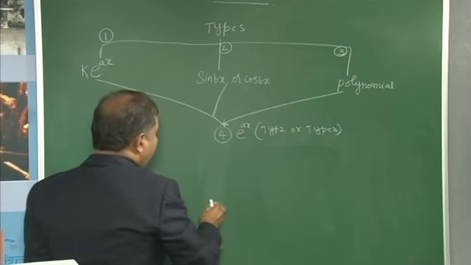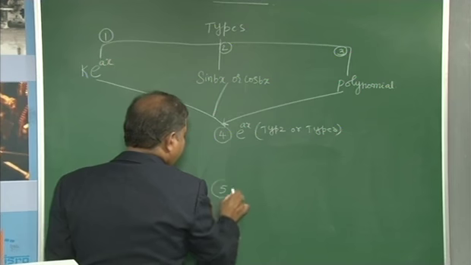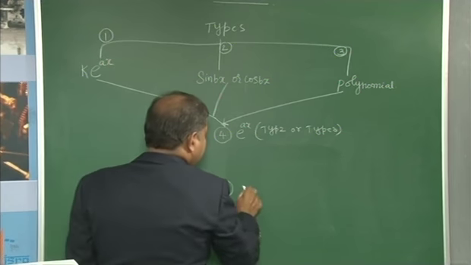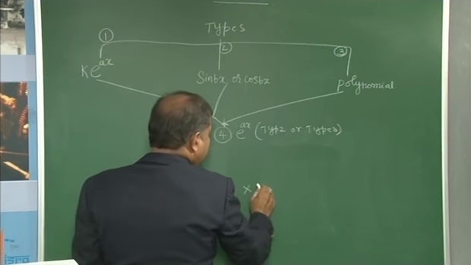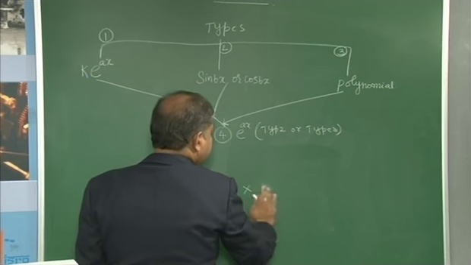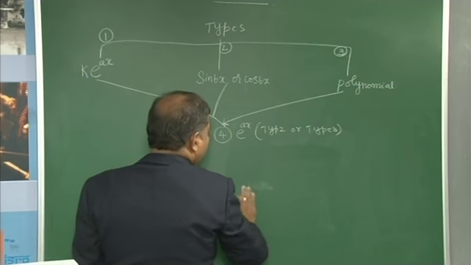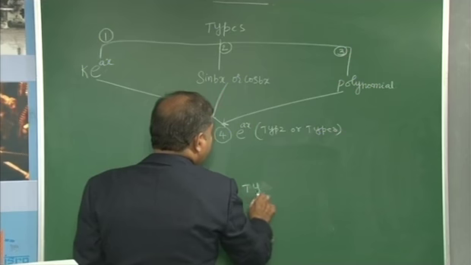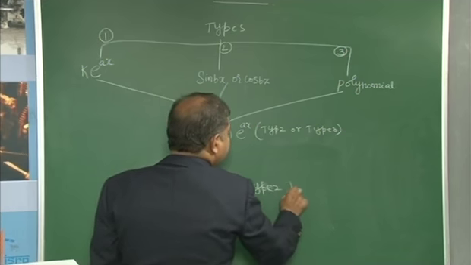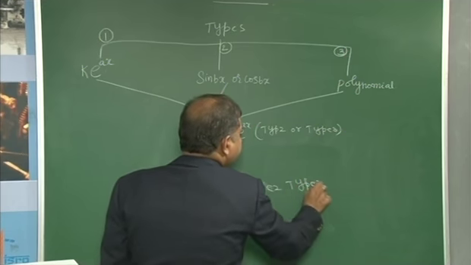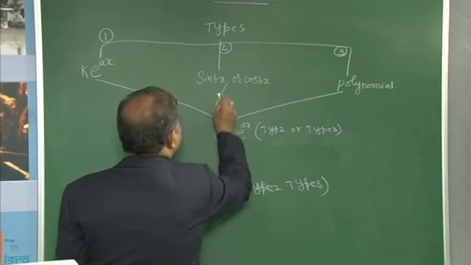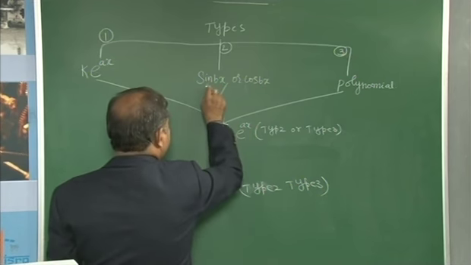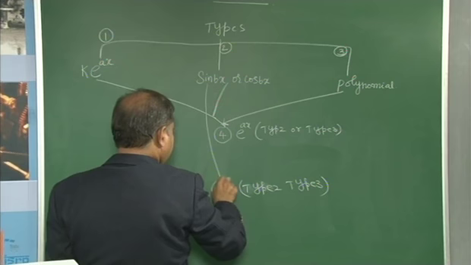Now type 5, the last one, is very clear: X into V, where V is type 2. So it is a combination of type 2 and type 3. Let me draw it like this, this is type 2.